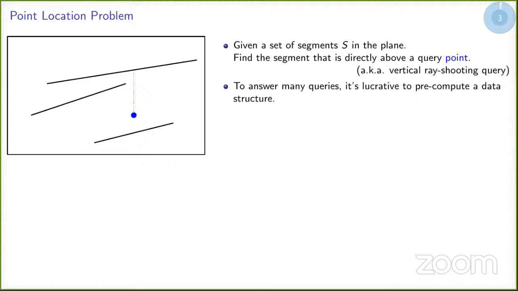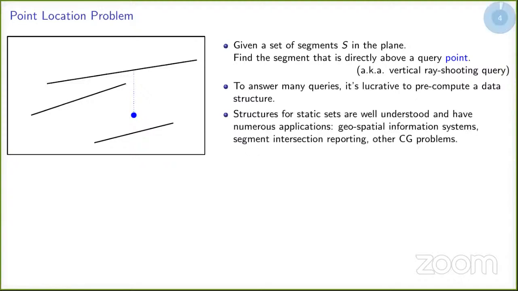To answer many queries, it's lucrative to pre-compute a data structure. Structures for static sets are well understood and have numerous applications, for instance, in geospatial information systems for segment intersection reporting and other computational geometry problems.